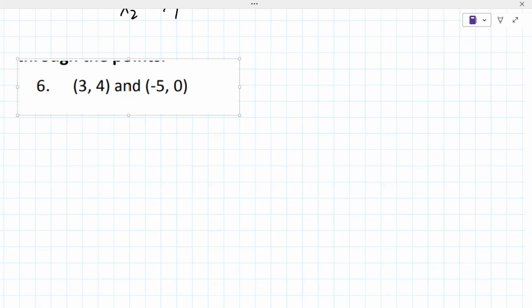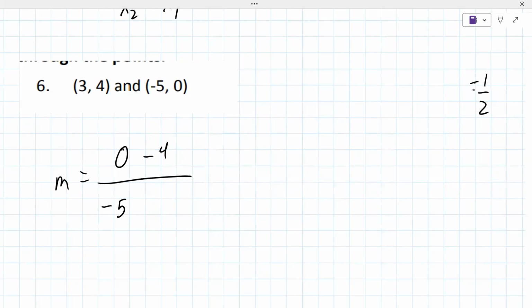I got -1/2. Okay, let's take a look here. It is 0 minus 4 over 5 minus 3. That's -4 over -8. Do you want to make any changes to your answer?